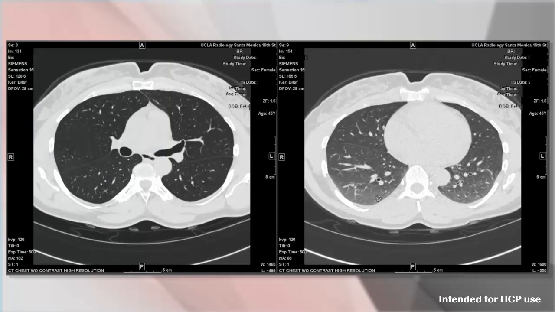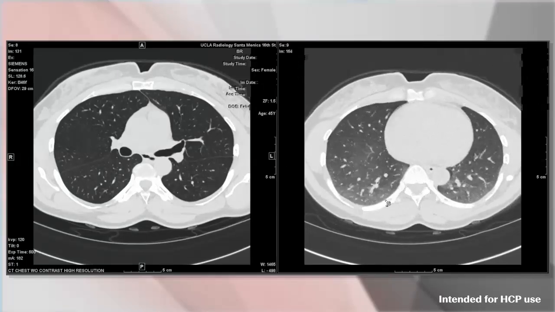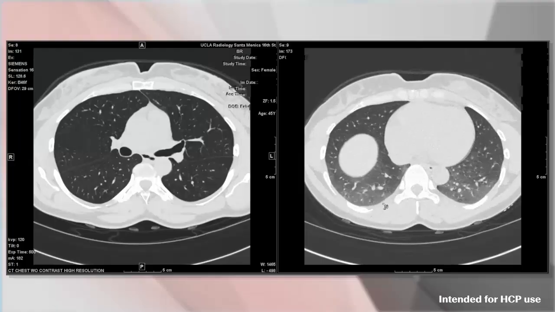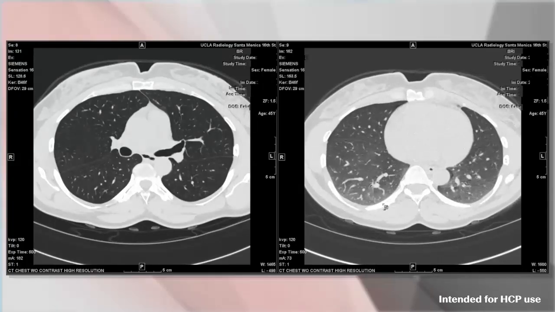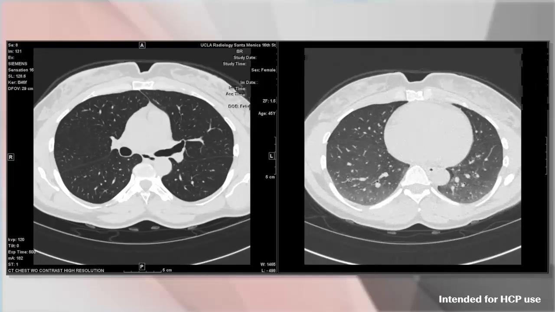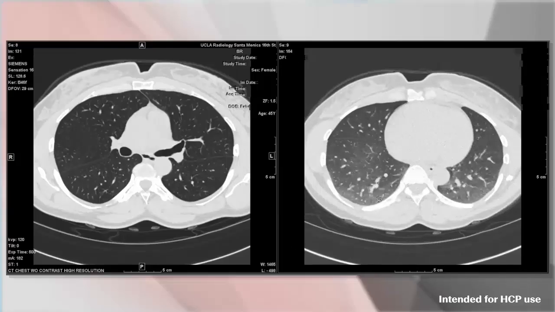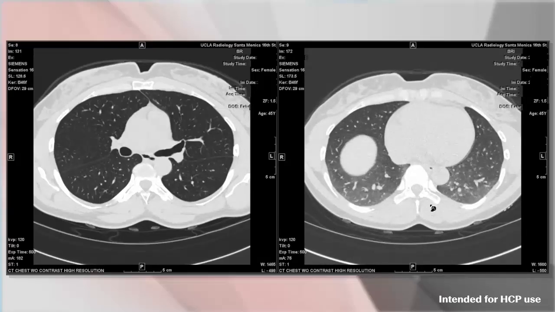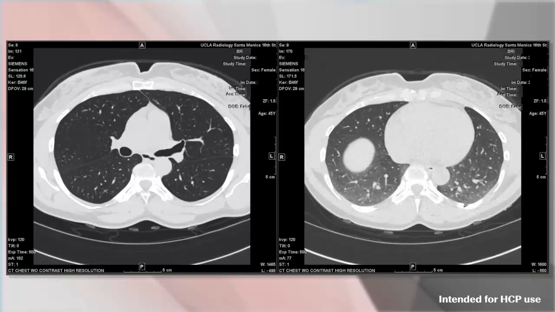This is what we mean by gravitational dependence. Now, notice that we don't see any dark areas; the lungs look pretty uniform, or homogeneously gray. Now, you do see some little areas that appear a little darker, if you will.